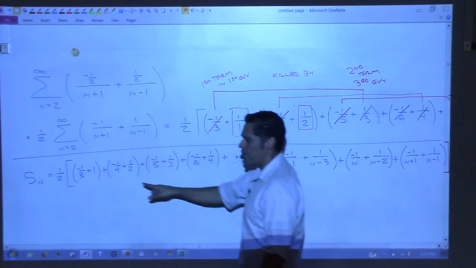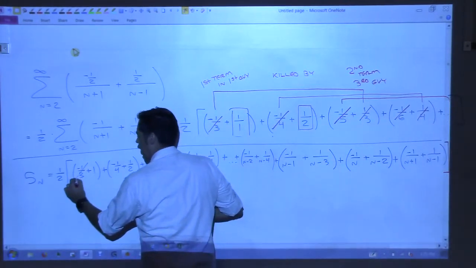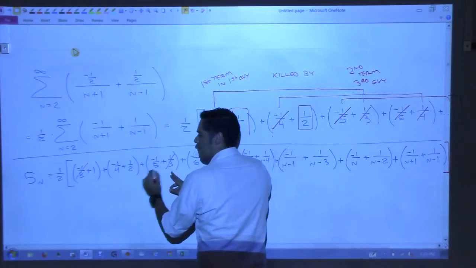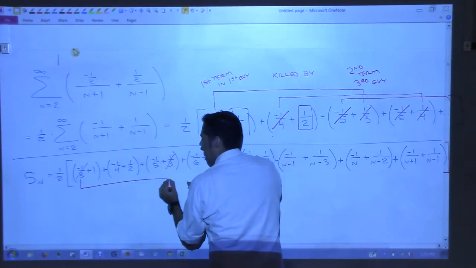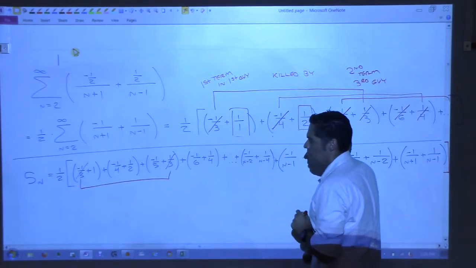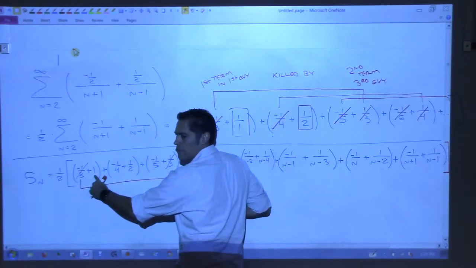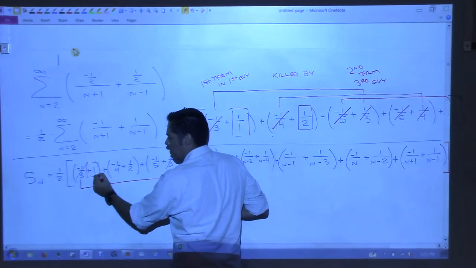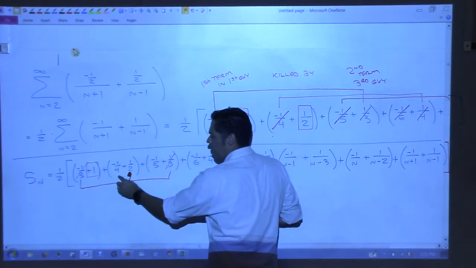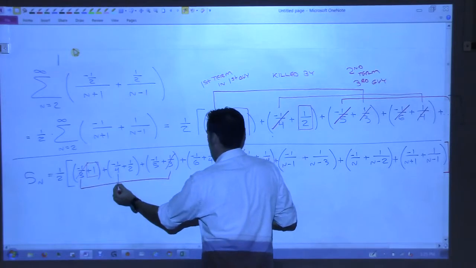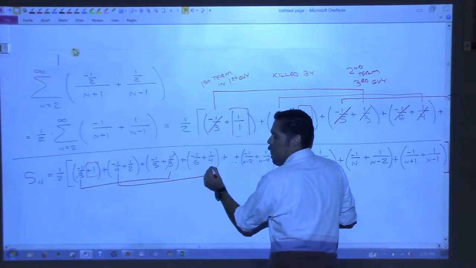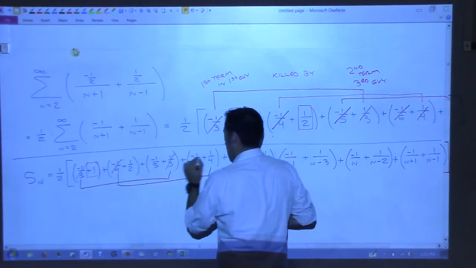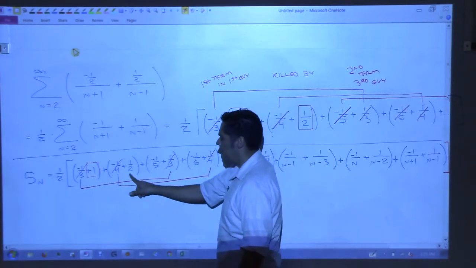Okay. This 1/3 and that 1/3 are gone. I'm going to connect them so we can see the cancellation. This 1 doesn't leave, right? Stays there. This negative 1/4, does it go away? Yes. Down here with that one. Gone, gone. How about this 1/2?